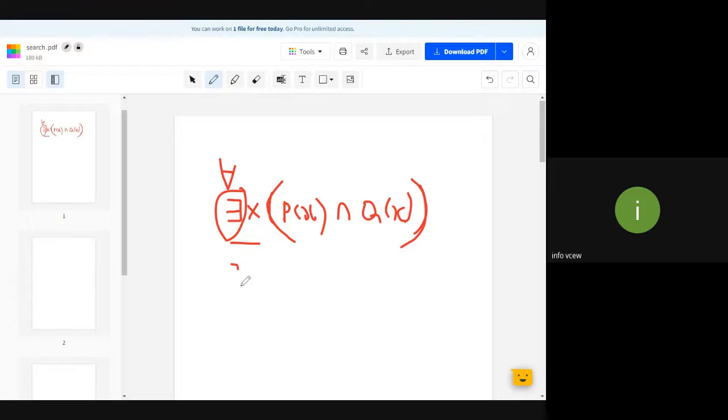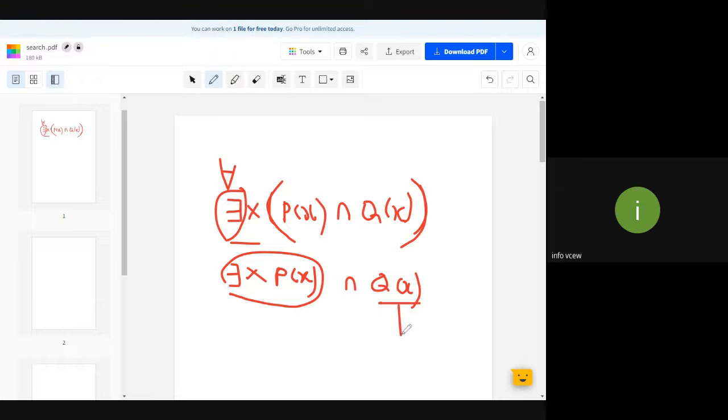Suppose I'm using E of x, P of x, intersection Q of x. Here the existential E of x is only bound with P of x, not with Q of x.